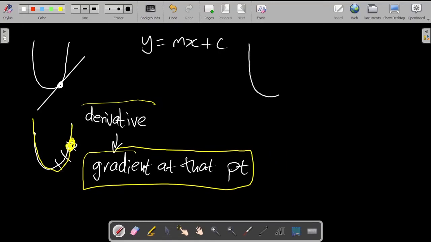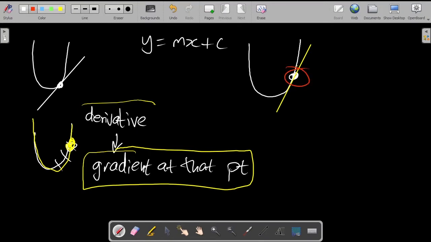So if we have a parabola, or whatever the case may be, and we can find the gradient at that point, and we know that our tangent passes through that exact point, then the derivative at that point is the gradient of the tangent at that point. So let me change this. Here, we know the gradient.